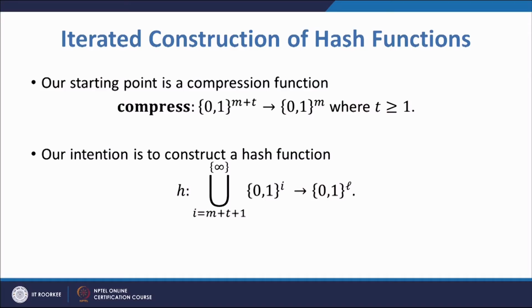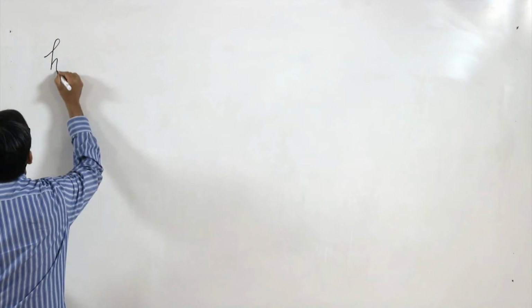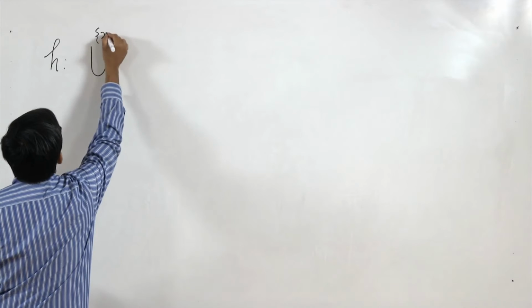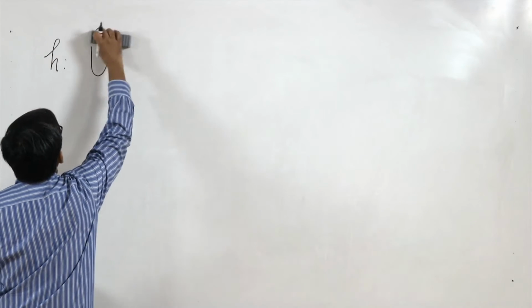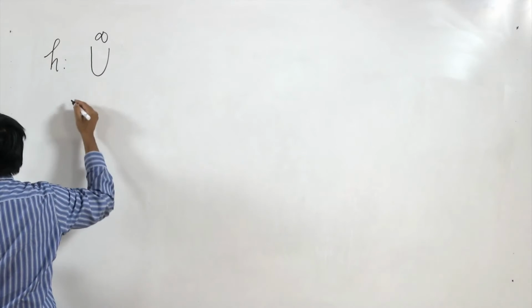So, here we see that we have compress from {0,1}^(m+t) going to {0,1}^m, and we would like to have an h which is starting from I equal to m plus t plus 1, so 1 more than m plus t, and going to infinity. So, I write our goal here. We need not write the set notation around infinity, that is a misprint, just infinity.